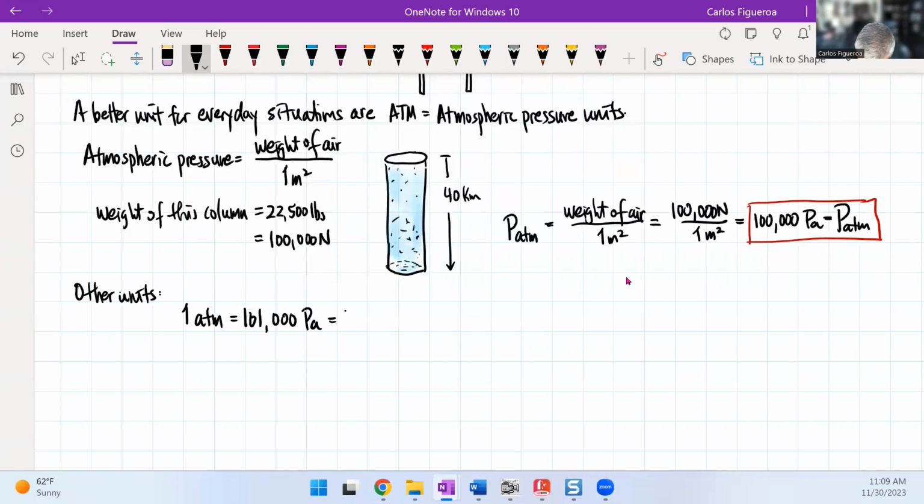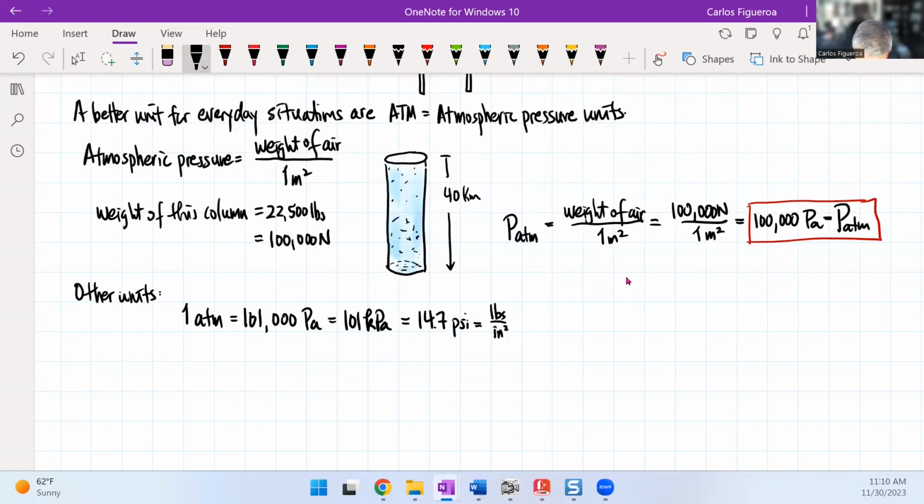And a lot of times you'll hear news people call them kilopascals. And another one is 14.7 pounds per square inch, which is literally written as pounds per square inch.